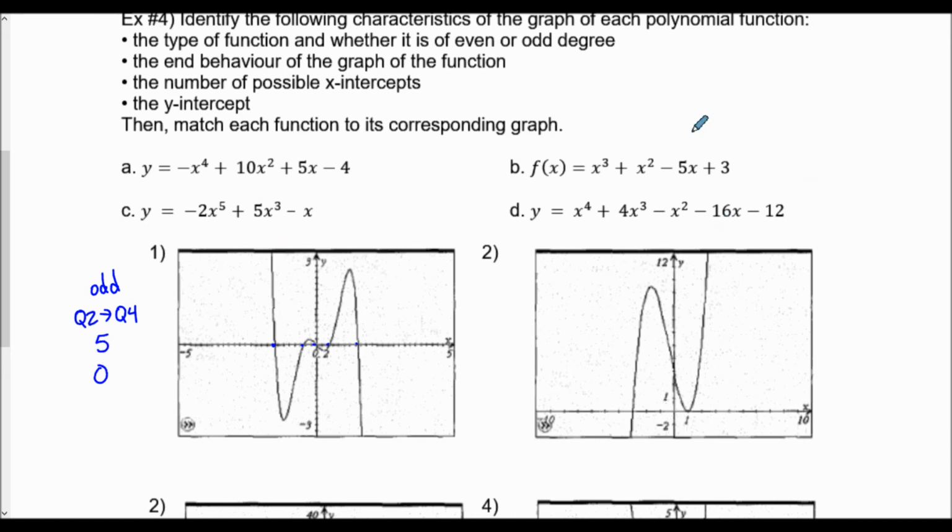So of the equations that would actually match with this, the only odd degree polynomial that would have end behavior going from quadrant 2 to quadrant 4, meaning it would have to be negative, with 5 possible x-intercepts and 0, the way that you can always look at your y-intercept, it's always your constant term of your equation. The only one that matches is C.